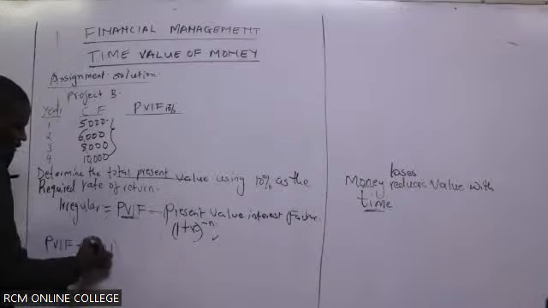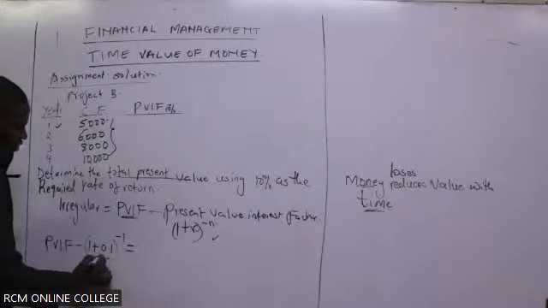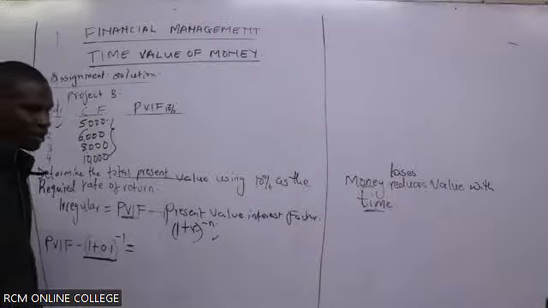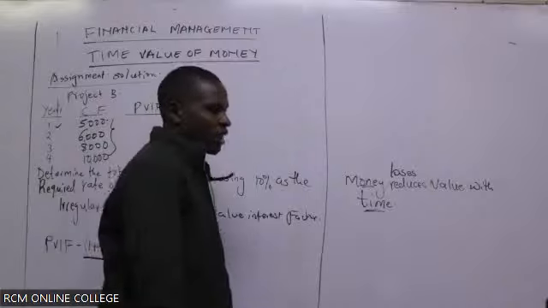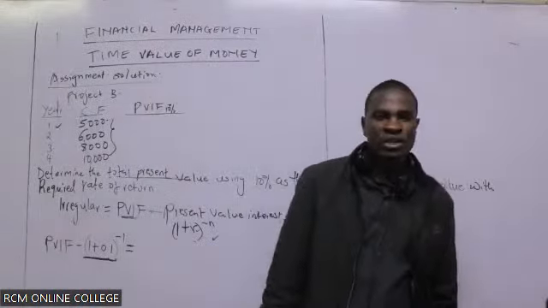Then in brackets, raised to power negative 1 for year 1. You can use a calculator to compute that, or else you can use a table.